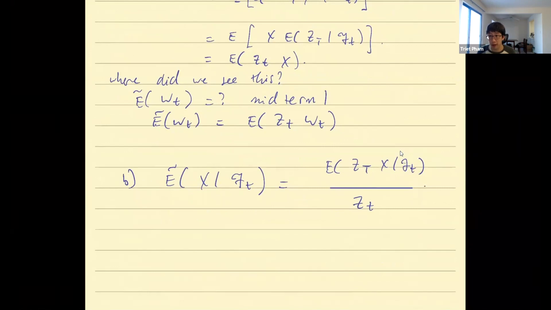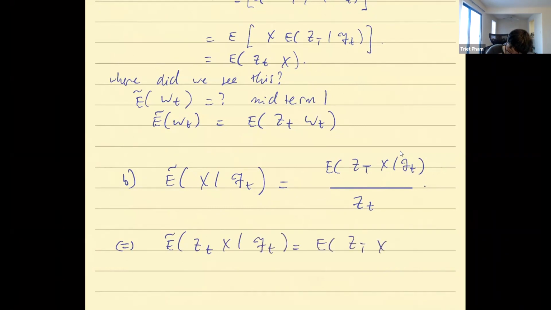B we have used all the time. So how do you show B? B is equivalent to saying this. Let me put a question mark here. B is equivalent to this.